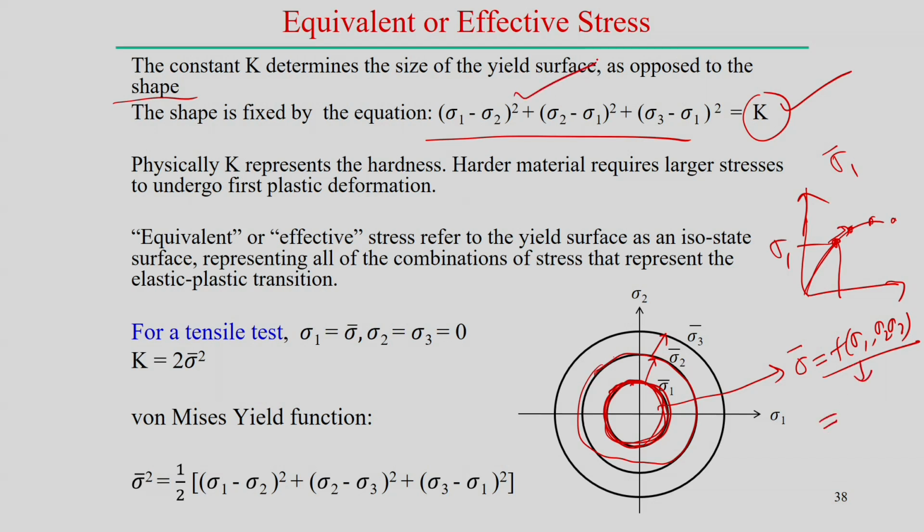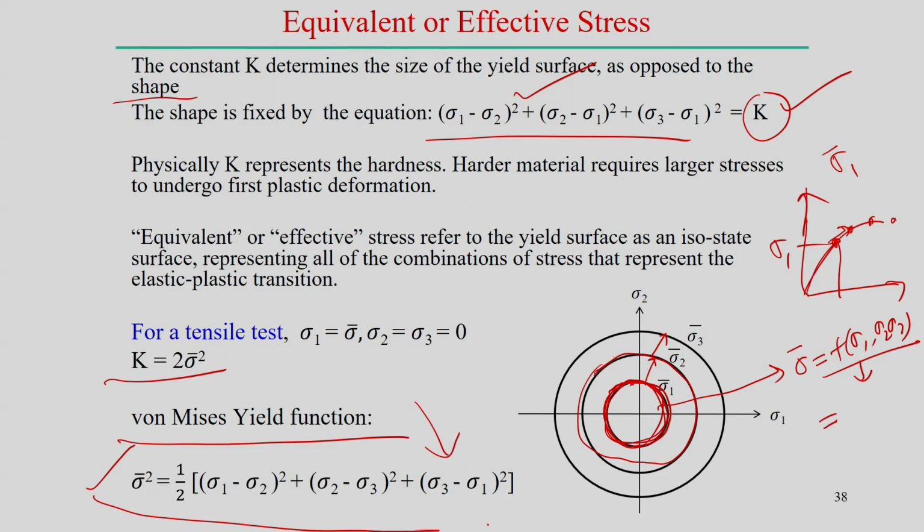So, this K value or sigma bar is called the equivalent stress, that means one single value which is a function of all the principal stress components, and of course, this functional form can change if we follow a different kind of theory. For uniaxial tensile testing, K, as already discussed, is twice sigma bar square, and the von Mises yield function becomes sigma bar square equals 1 by half of these things, but this is for uniaxial tensile testing, we can define this value.